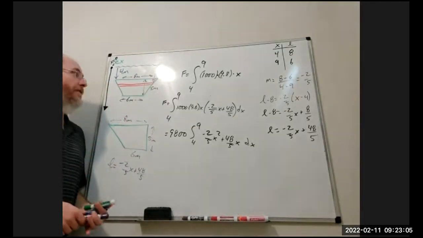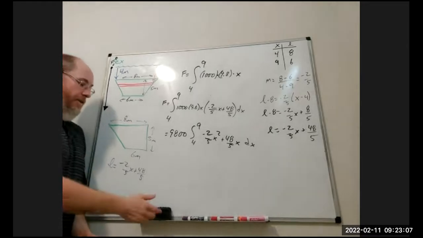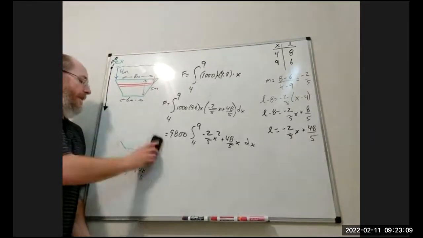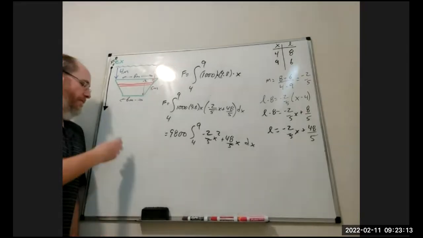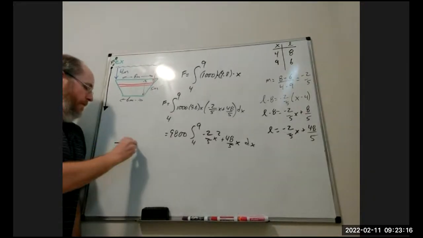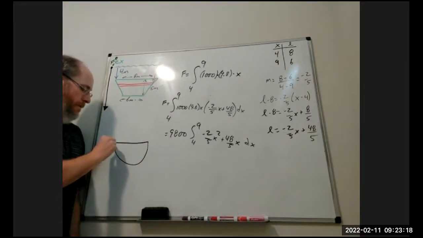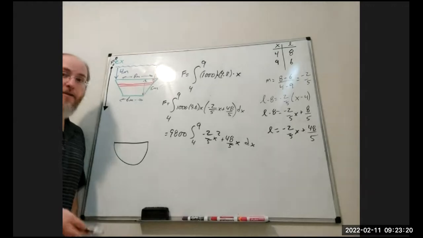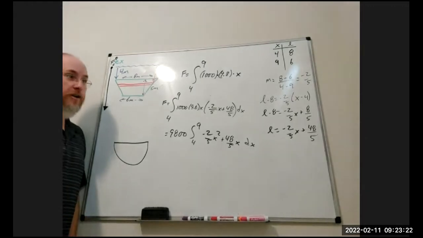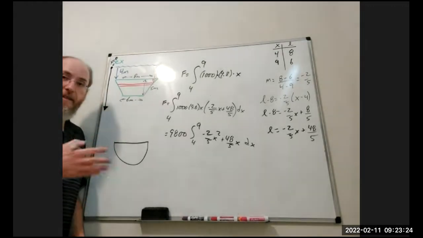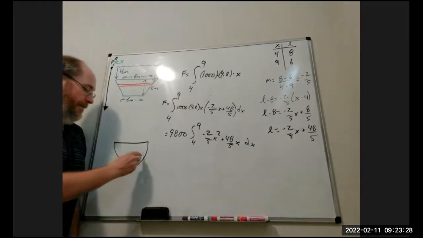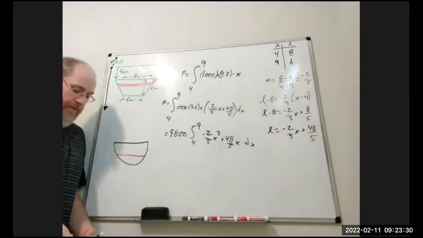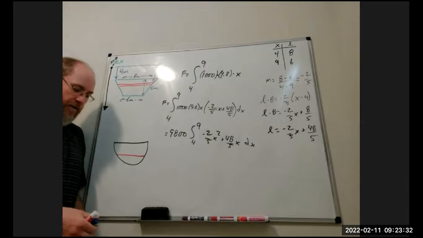Where it would have mattered, though, would have been if it had been curved. So for example, if it had been this shape, let's just say it was a semicircle, then for sure we wouldn't have the linear progression. And if we were going to try to find the length of some strip right here, we'd use a little bit of trig and geometry.